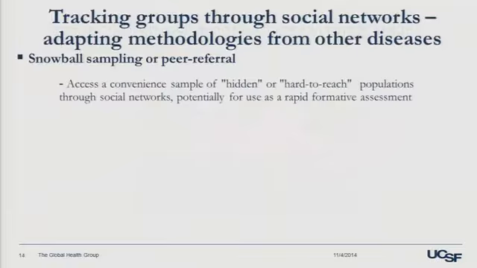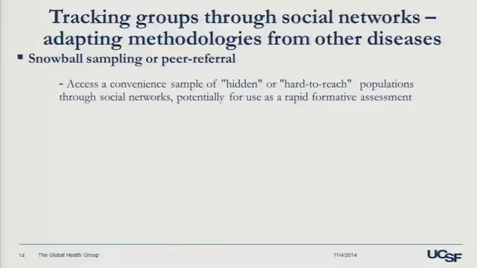So talking specifically about the social networks aspect, there are several different ways this has been done in other disease settings, and Jerry will talk a bit more about this. A lot of this is borrowed from the HIV world, where these types of methodologies have been used for conducting surveillance amongst injection drug users and whatnot, and those who have high risk of HIV.